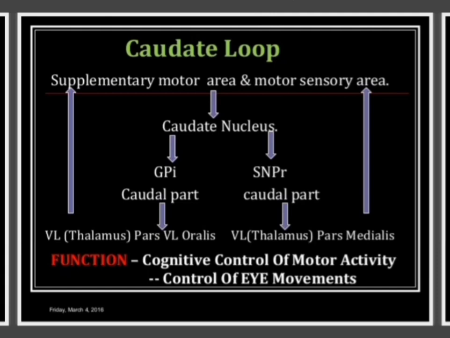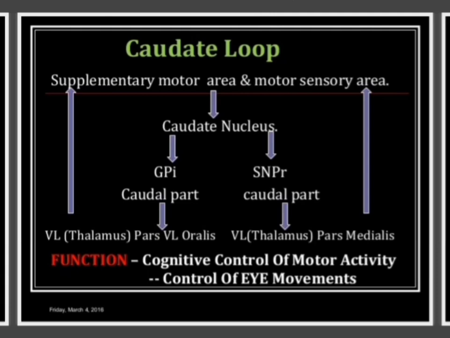From the globus pallidus, pars ventrolateralis oralis, the fibers go to the supplementary motor area, and from the pars medialis they go into the motor sensory area.